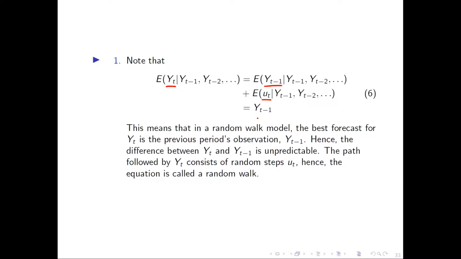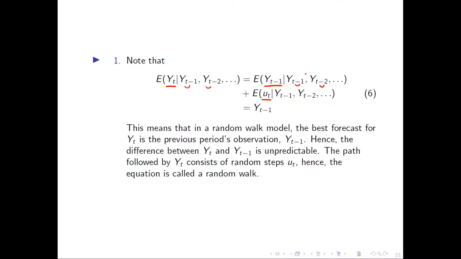And if we take the expectation of both sides, then we get the expected value of yt given information about yt minus 1 and yt minus 2 and earlier lags is equal to the expectation of yt minus 1, which is the one period lag, given the value of the lags.